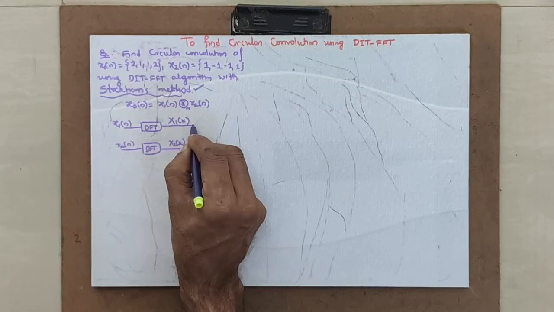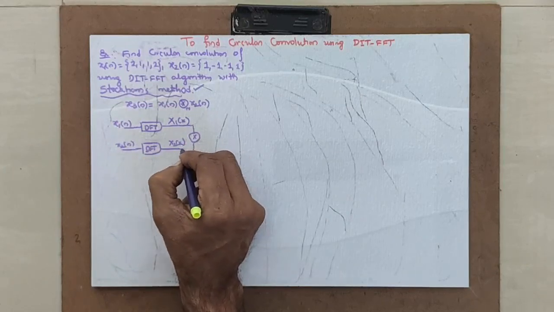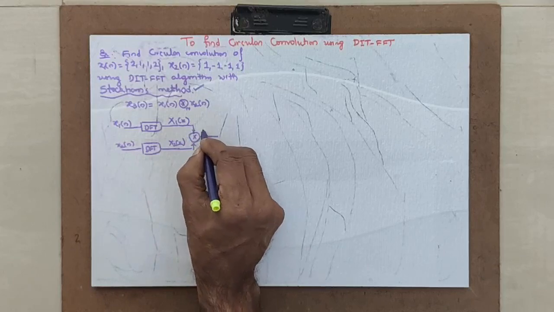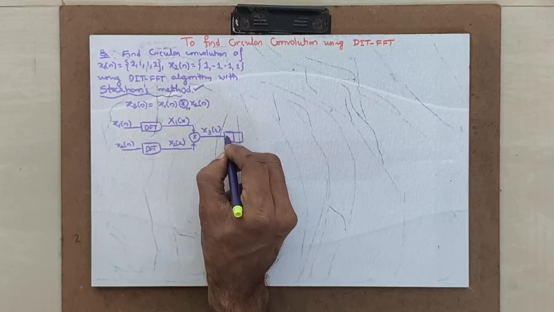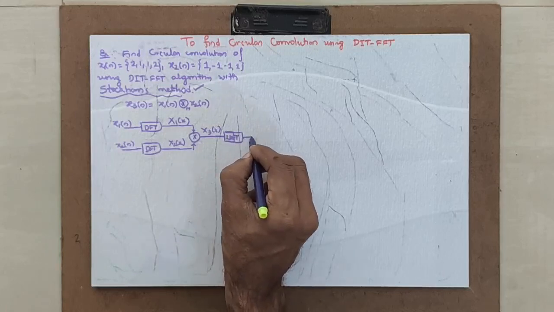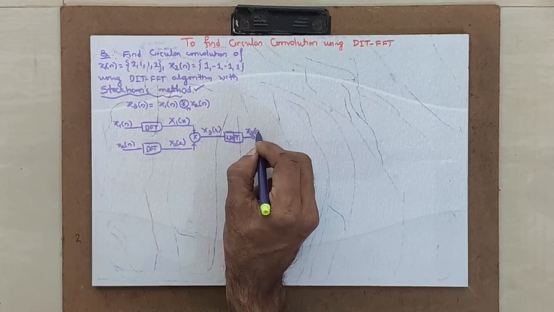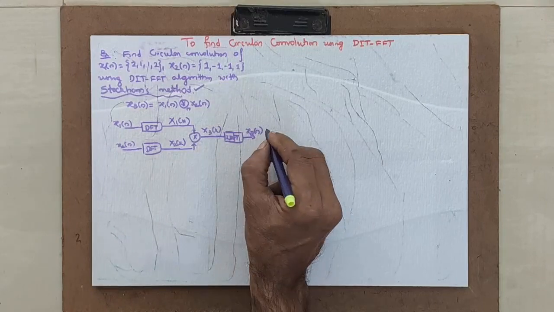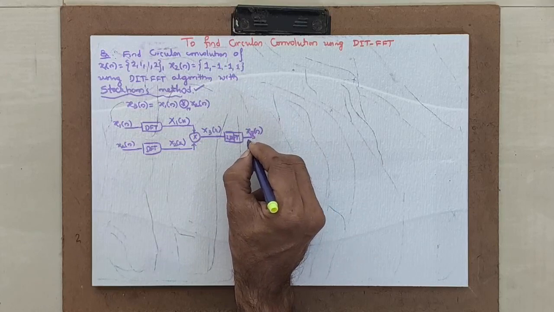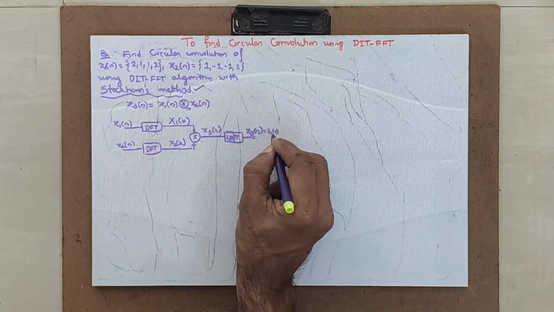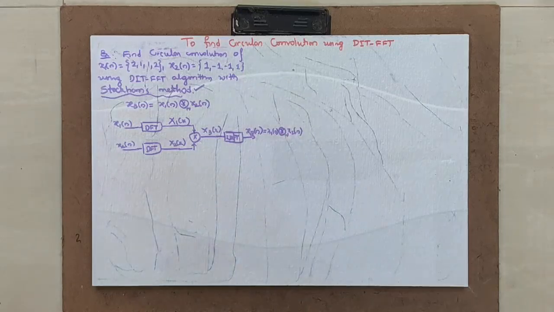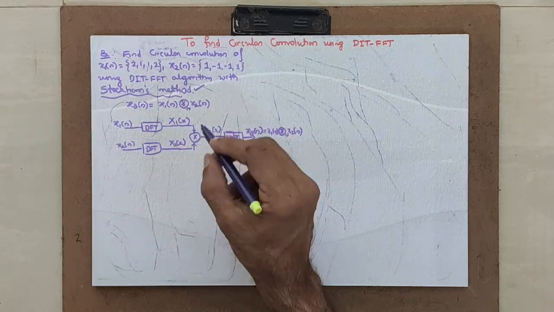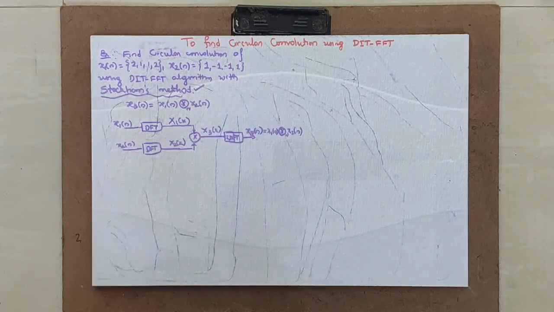Then you just multiply both, so that you get the third signal x3(k), and then find the inverse DFT, IDFT, so that you get the time domain signal x3(n). This x3(n) is nothing but x1(n) circularly convoluted with x2(n). That's what Stockham's method is, the concept behind applying it.